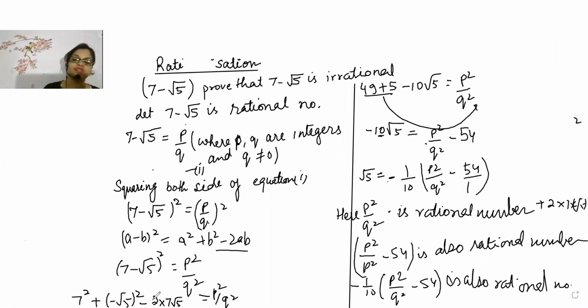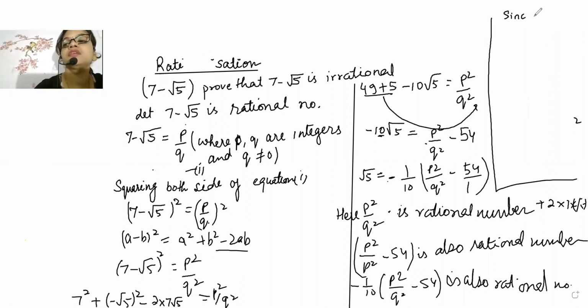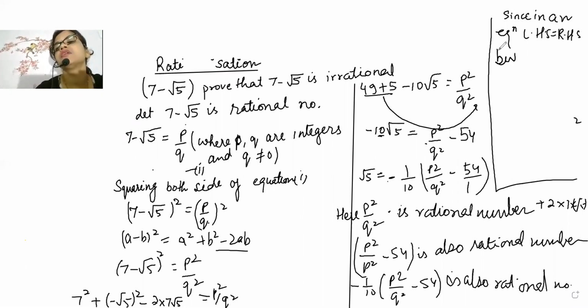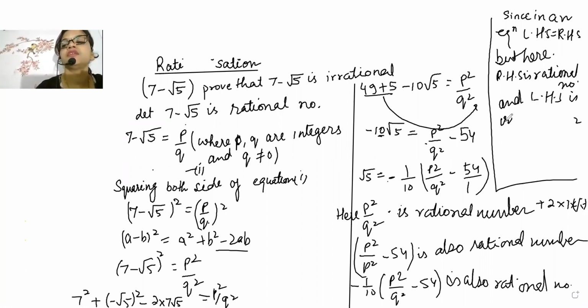So now the final answer, what we will say: since we know that in an equation LHS is equal to RHS, but here RHS is a rational number and LHS is irrational.